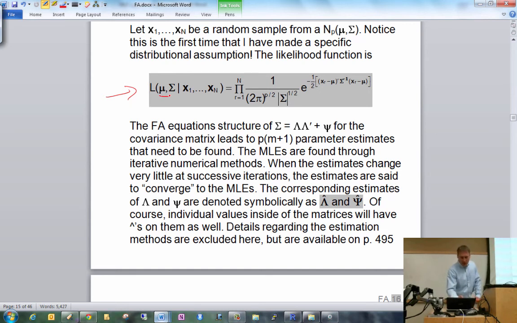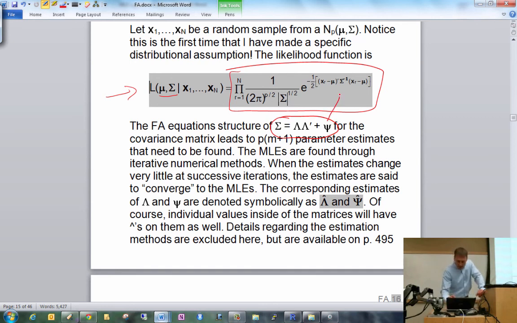If I write it first in terms of mu and sigma, it's just the product of n different multivariate normal distributions. Now, where does the factor analysis model part come in? Remember our factor analysis equation: sigma is equal to lambda lambda prime plus psi.